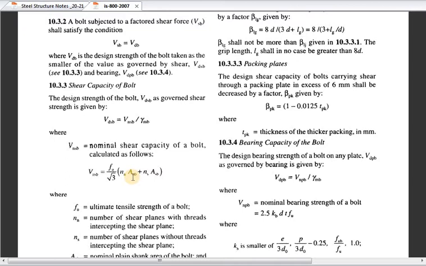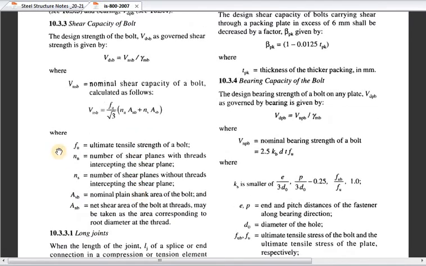So there may be some part of the bolt in the threaded portion, and some part of that bolt is nothing but the shank portion, that is the plain portion. So the area of the threaded portion has been given as ANB. What about this ASB? This ASB is nothing but the area of the shank portion.